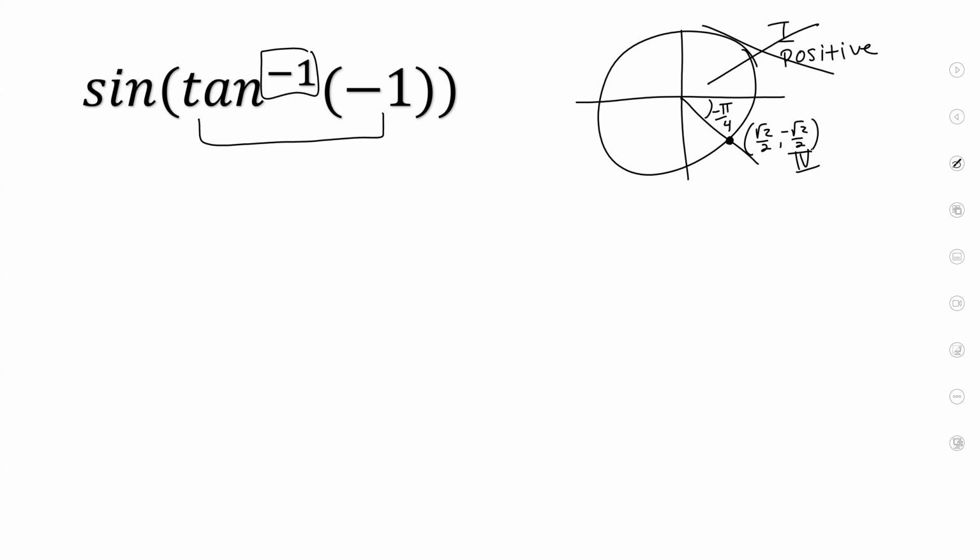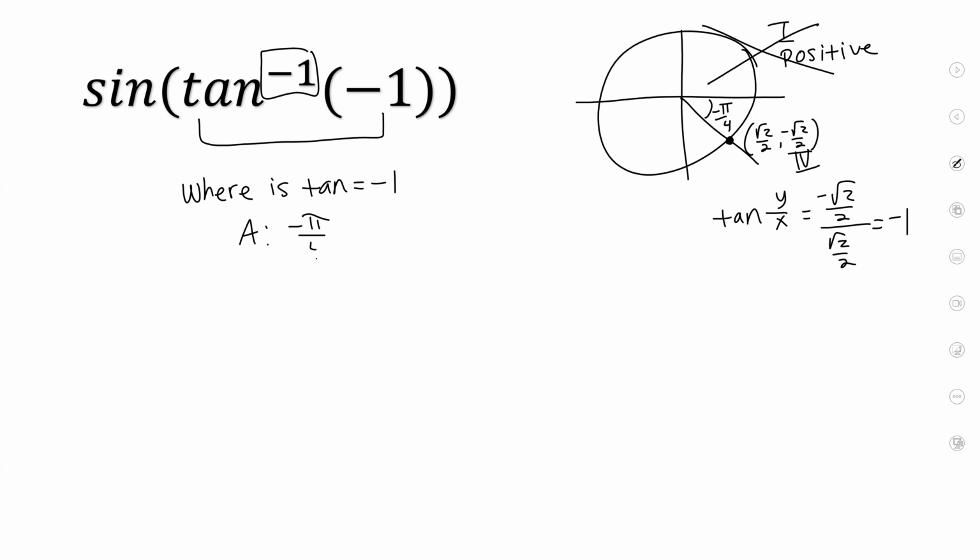Now, if you remember, tangent is always y over x. So that's negative square root of 2 over 2 divided by square root of 2 over 2, which is what, guys? Negative 1. So the question you should be asking yourself is, where is tangent equal to negative 1? The answer is negative pi over 4.